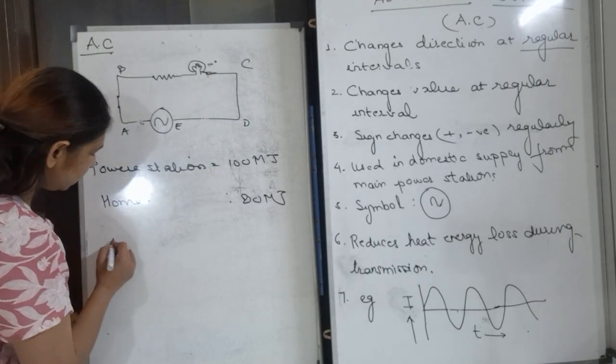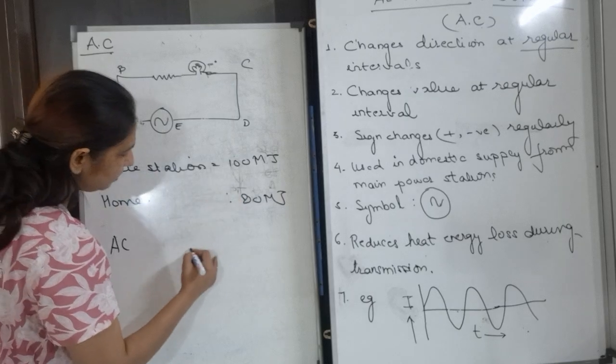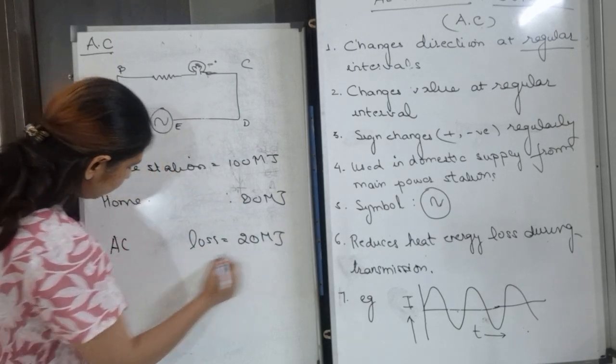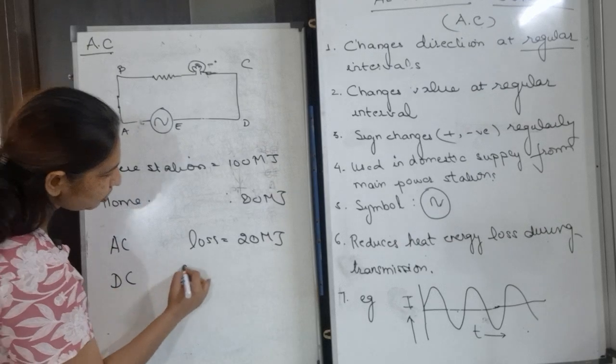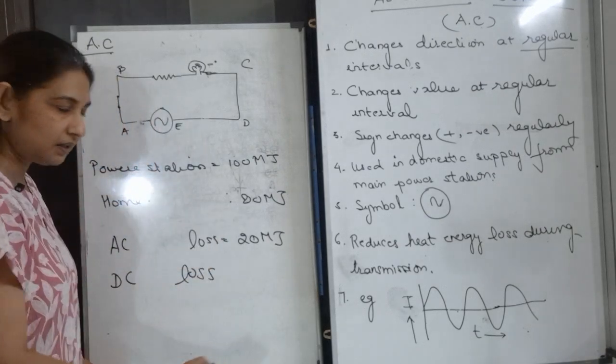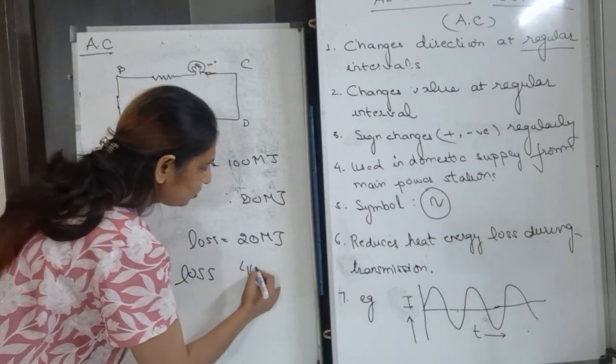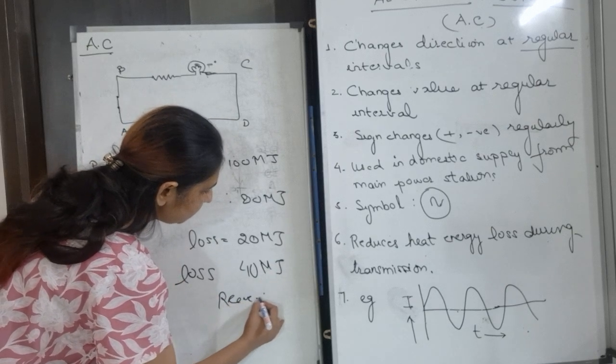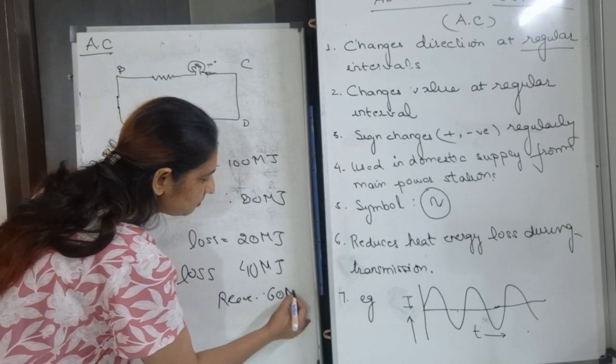तो अगर AC यूज करते हैं तो शायद ये लॉस सिर्फ 20 megajoules का, मगर अगर हम DC यूज करेंगे तो ये लॉस बहुत ज़्यादा हो जाता है. मे बी इट बिकम्स 40 megajoules, and what we receive at homes is maybe only 60 megajoules.